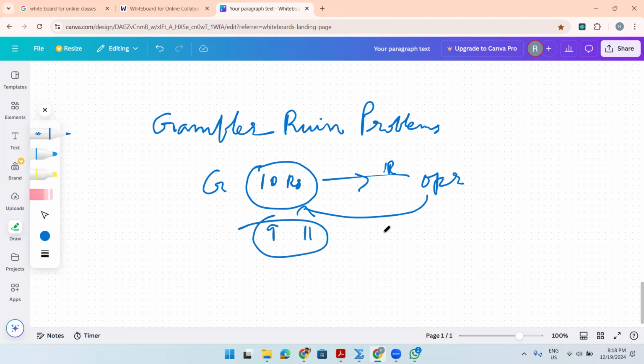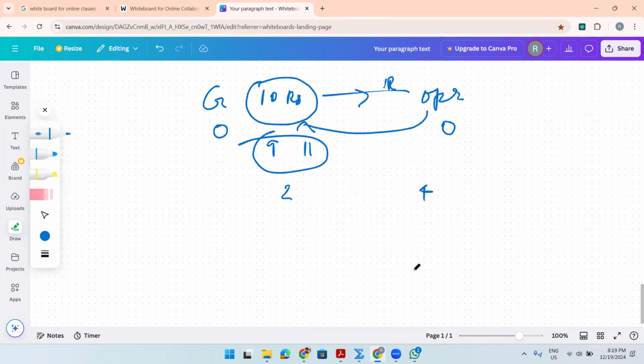The game continues until the gambler has 0 rupees or the opponent has 0 rupees. Suppose the gambler has 2 rupees and the opponent has 4 rupees. If he wins, he takes 1 rupee from the opponent, so it is 3 and 3.